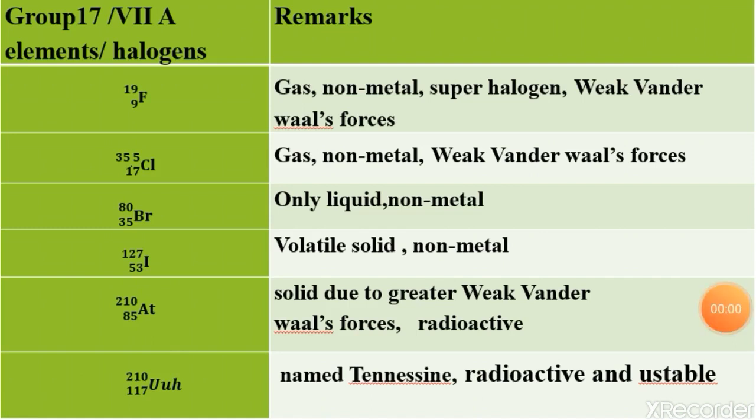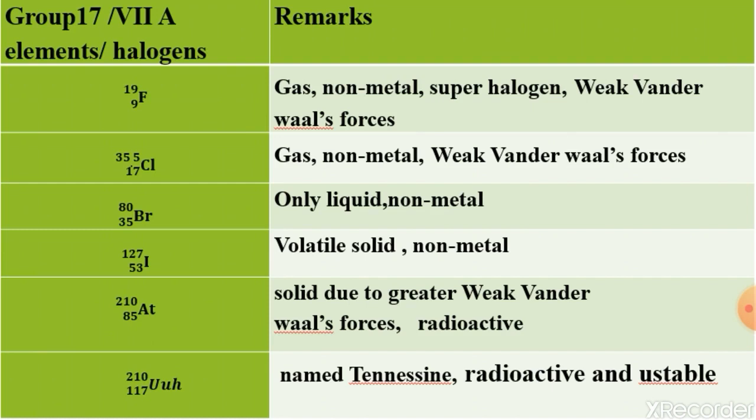Fluorine has atomic number 9, and when you add 8 to the atomic number of fluorine, you get the atomic number 17 of chlorine. In this way you can find the atomic number of all the elements of group 17.